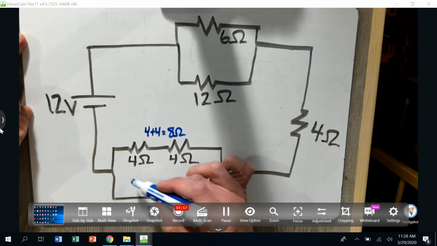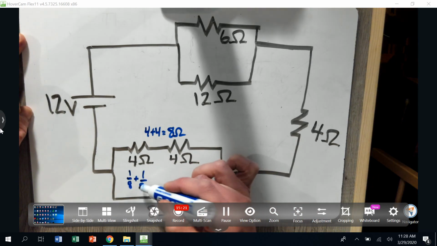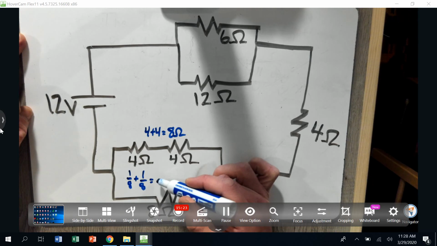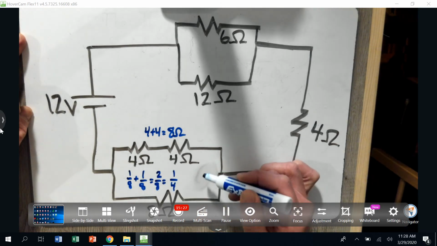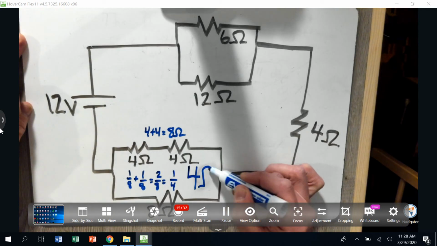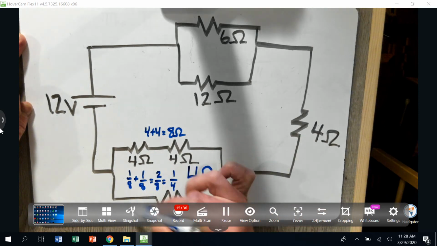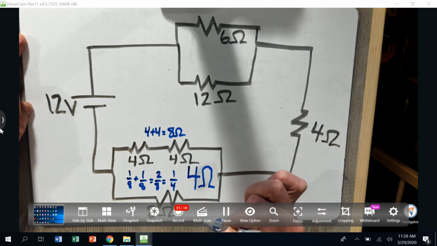So now I'm going to have to do 1 over 8 plus 1 over 8 equals 2 over 8, which equals 1 over 4. So this whole section here, and I'll just write it really big, acts like one 4 ohm resistor. This whole section of 3 resistors, because we have to use the denominator there.